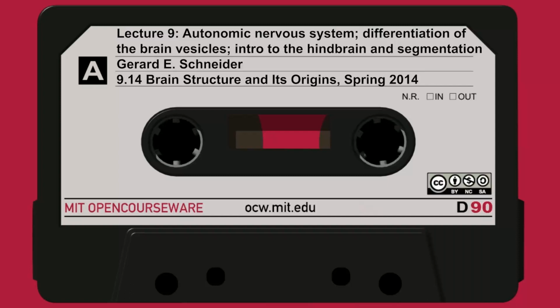I show here places where that lining, the ependymal cells, which are all along the ventricle here, when the wall of the neural tube is thin there, those cells proliferate.